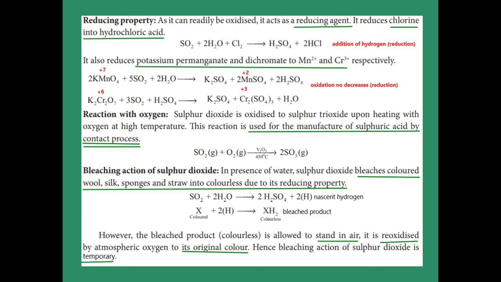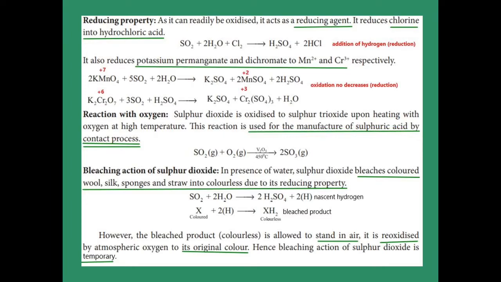The next one, bleaching action. What is bleaching? When the color of a substance is made colorless, that is called bleaching. The bleaching action of sulfur dioxide occurs in the presence of water because of its reducing property. Reducing means it reduces the other compound. Now see that sulfur dioxide plus water gives sulfuric acid and nascent hydrogen. This nascent hydrogen reacts with the colored compound.